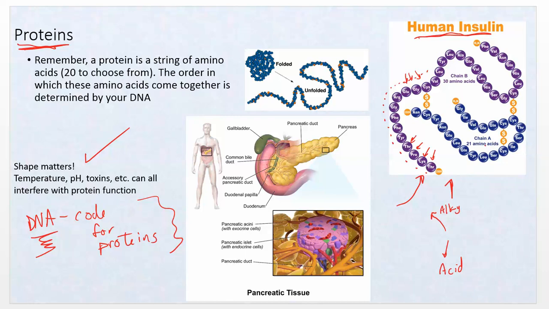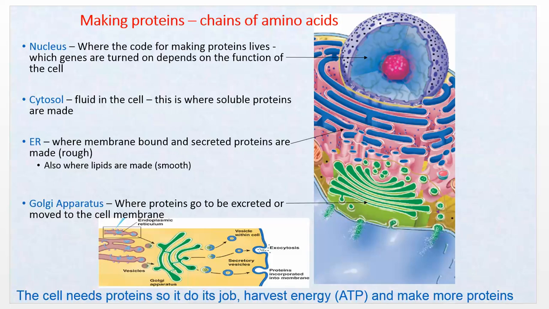I don't even know how your insulin would react to different pHs. It probably wouldn't like it. But there are many proteins, and inside the cell, especially if you have a buildup of lactic acid, which we'll talk a little bit about, then suddenly these proteins will not function right, and that can cause more effects, and it can almost be kind of a snowball effect. So we want to maintain our pH for that reason too.